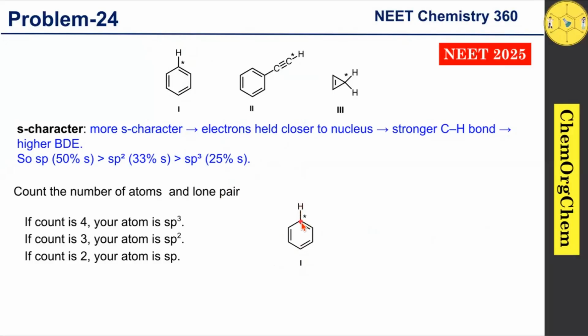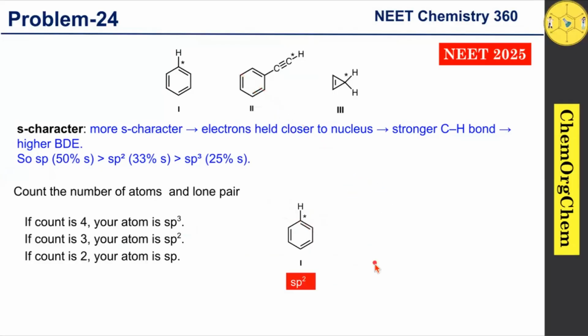Now you count how many atoms are around this carbon. Here 1, 2, 3, only 3 atoms are around this carbon atom and no lone pairs are available. Therefore the count is 3, so the hybridization of this carbon is sp2 hybridization.